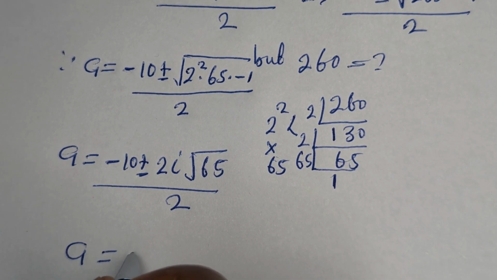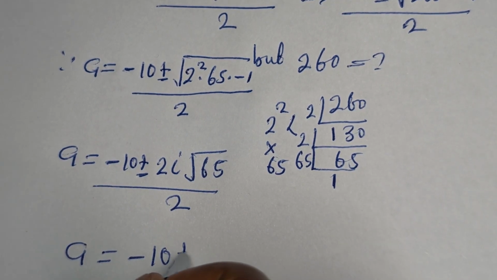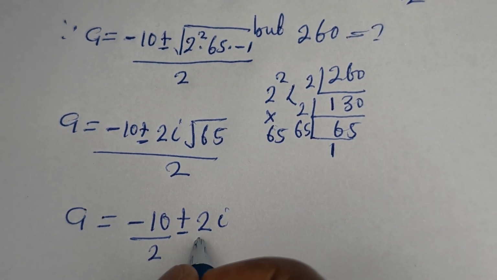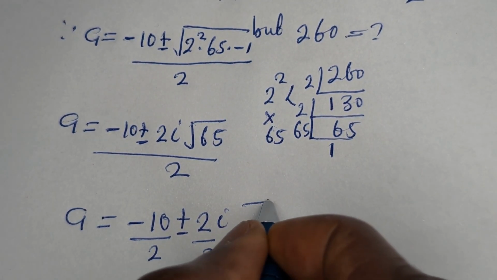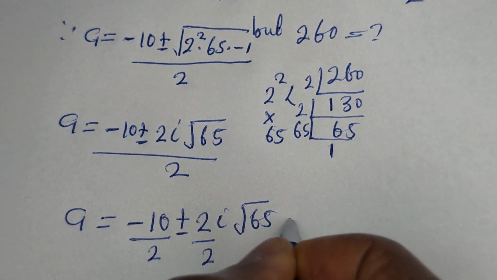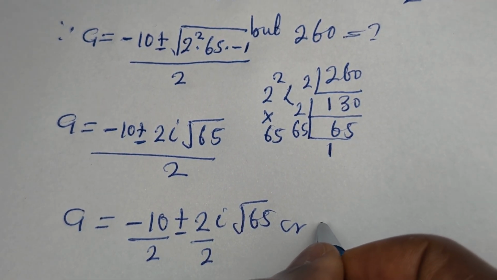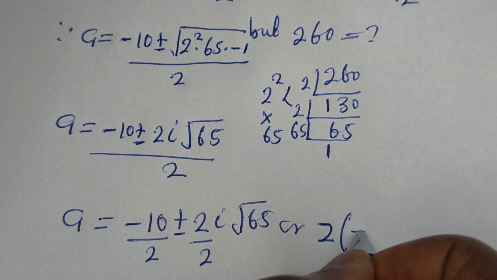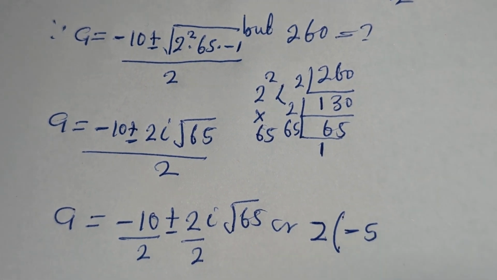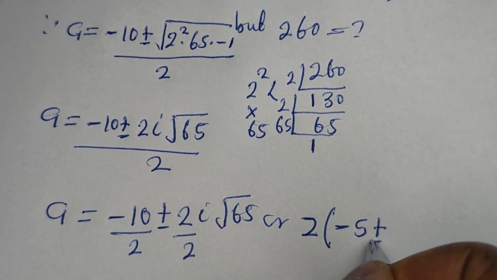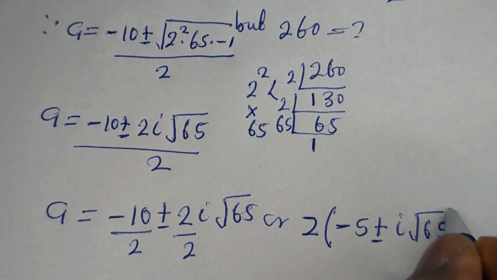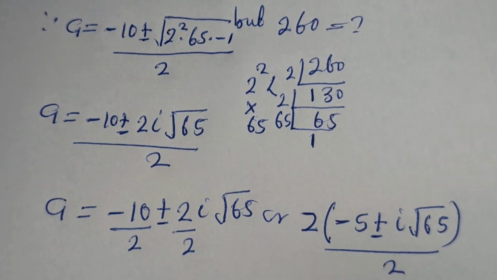A is equal to minus 10 plus or minus 2i, this is divided by 2, and this is divided by 2, then square root of 65, or 2 bracket minus 5 plus or minus i square root of 65 over 2.